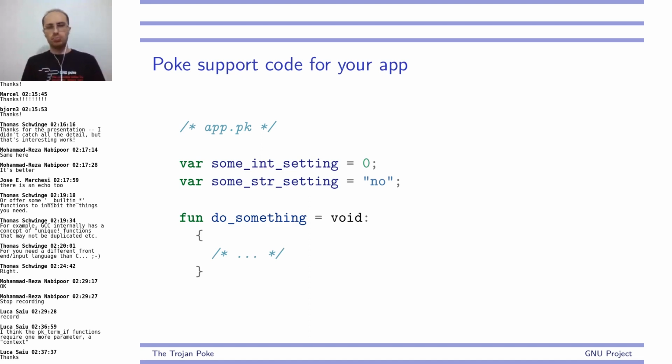For example, a game can have Lua files that you can set some parameters in, and the game will change behavior based on those things, or in Guile or any other extension languages. Here is the same. In this application, we are defining some int setting, which is 0, some string setting, which is no, and we have a function which returns void and takes no argument to do something.